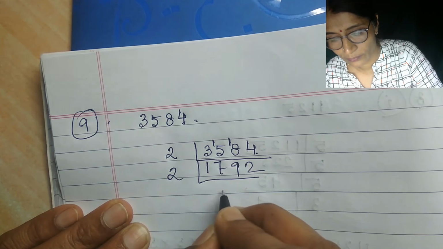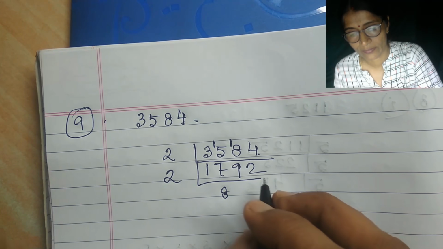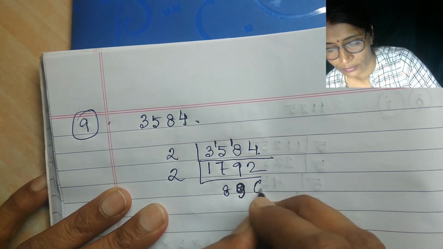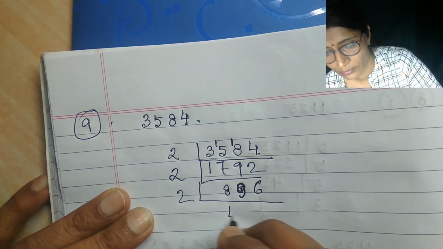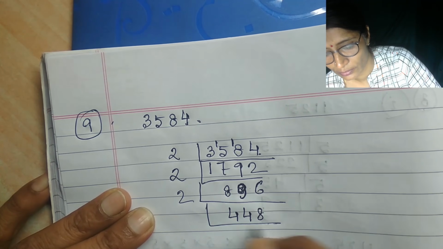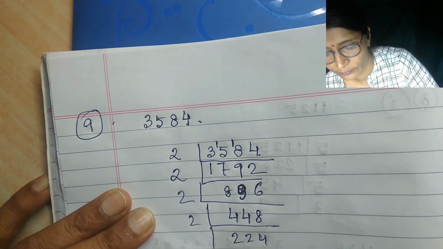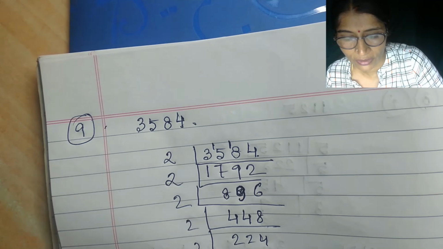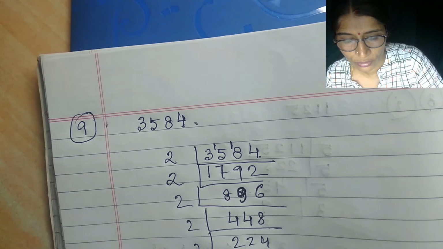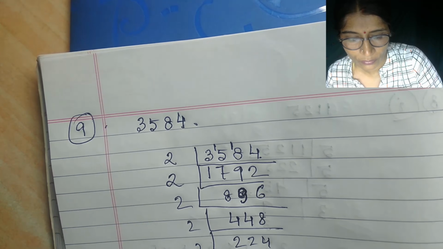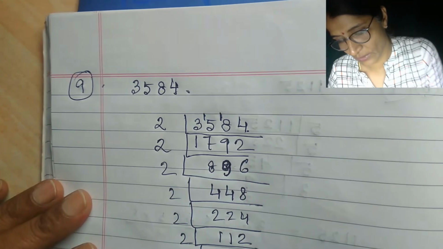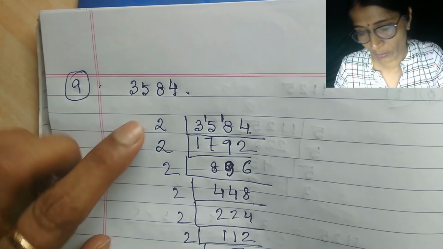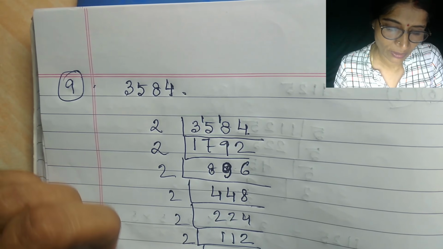Then again 2, 2 twos are 4, then 2, 2 fives are 10, 2 sevens are 14. So 3584 is equal to 2 how many times? 1, 2, 3, 4, 5, 6, 7, 8, 9.